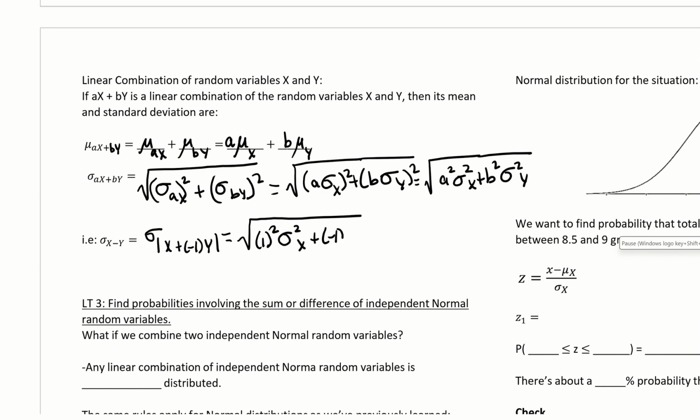And b is negative 1, so I get negative 1 squared. But 1 squared plus negative 1 squared is positive. So I simply get sigma squared x plus sigma squared y, which is exactly what we told you the result was earlier, okay? All right, that concludes learning target 2.